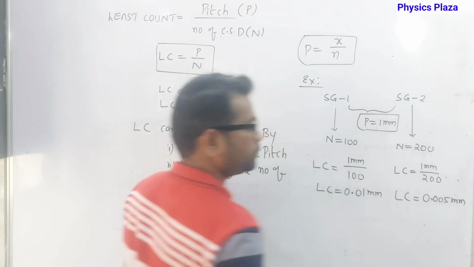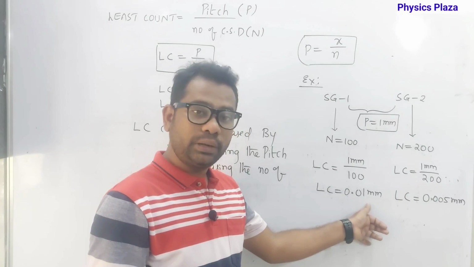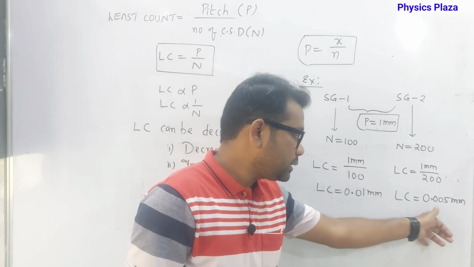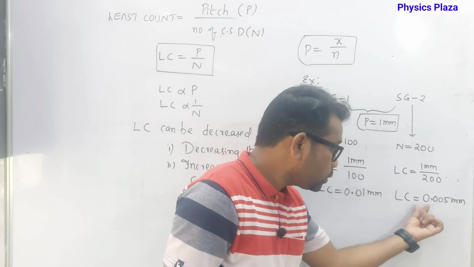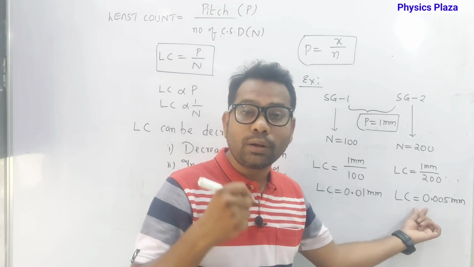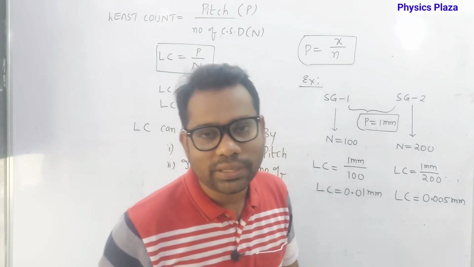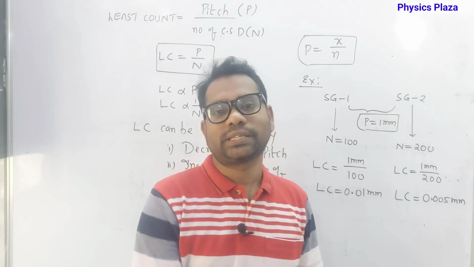Children, try to understand. This is 0.01 millimeter only, but this is 0.005 millimeter. Means this screw gauge has less least count, which means more accuracy. Children, last class we discussed that accuracy is inversely proportional to the least count.